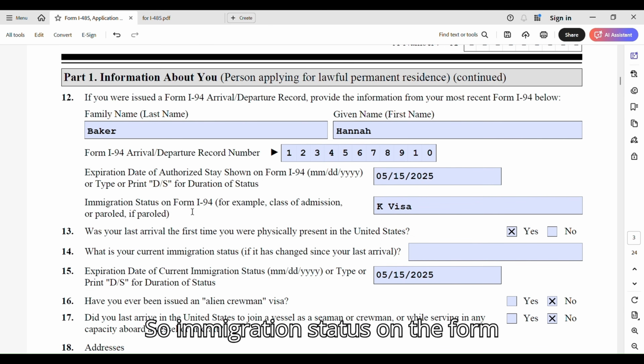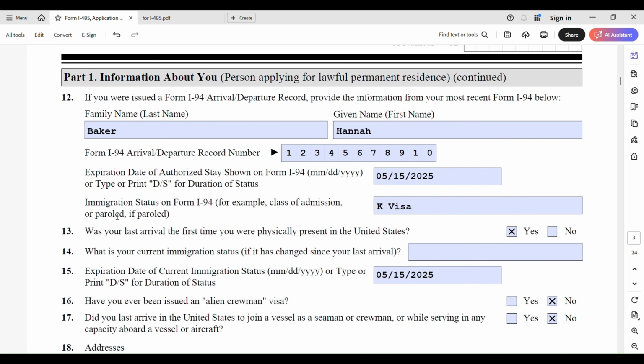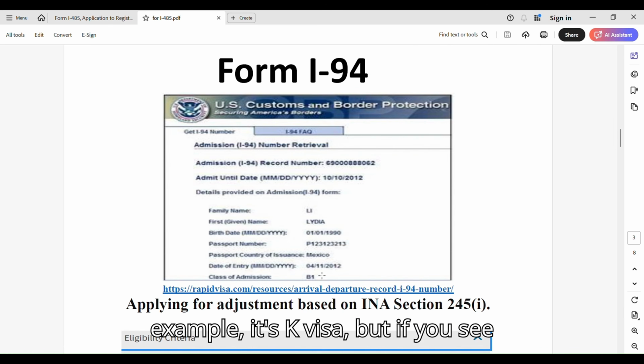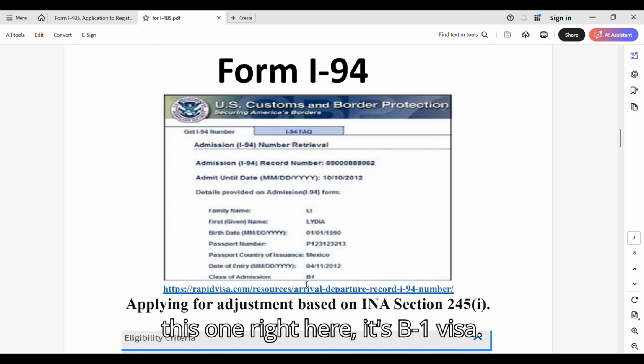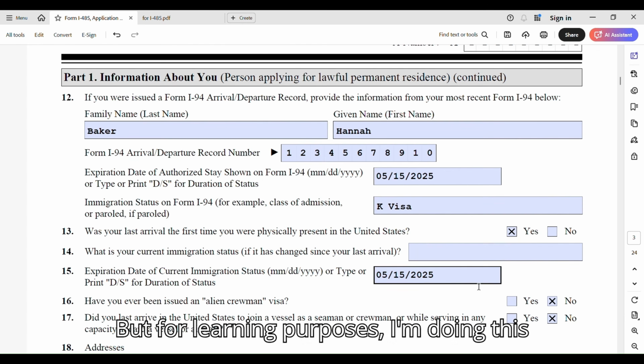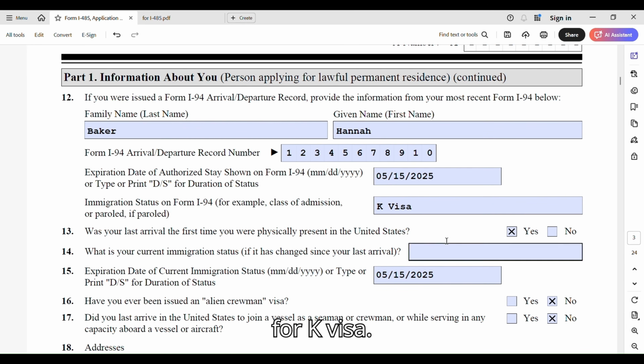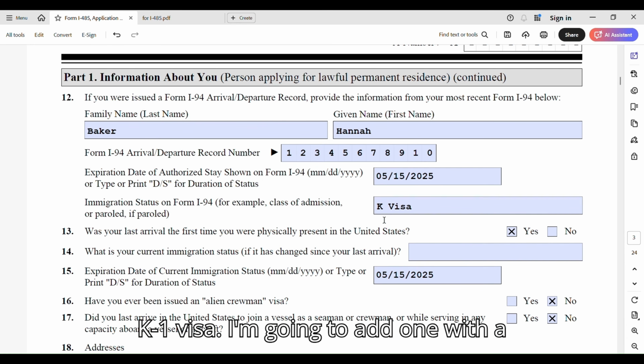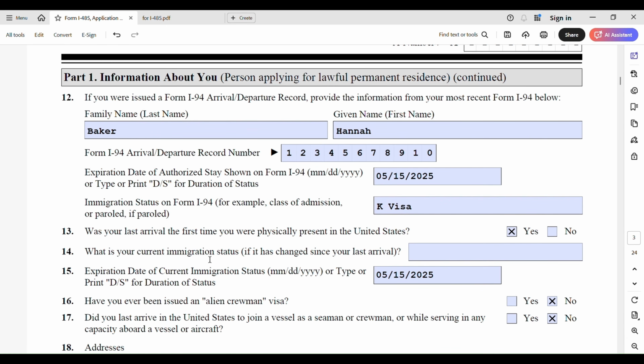So immigration status on the Form I-94, for example, class of admission or paroled if paroled. In my example, it's K visa, but if you see right here, it's class of admission. For this one right here it is B1 visa. But for learning purposes, I'm doing this for K1 visa. I'm going to add one with black ink right here once I print it.